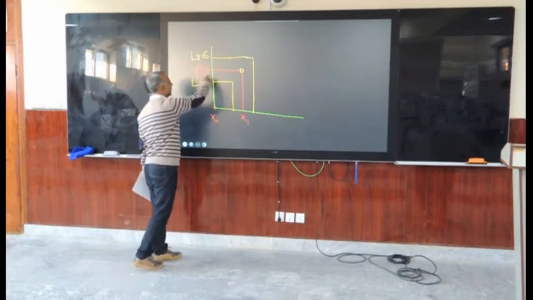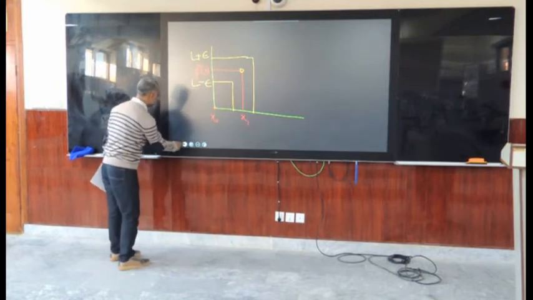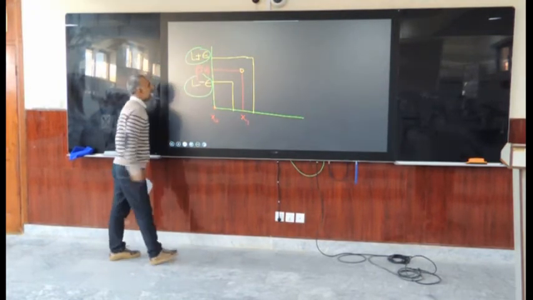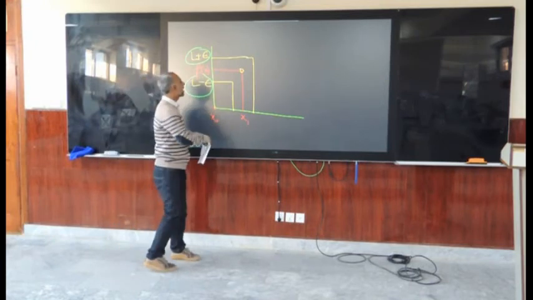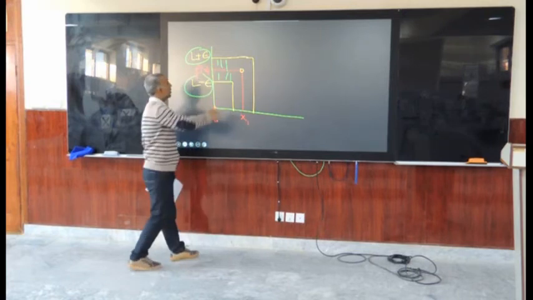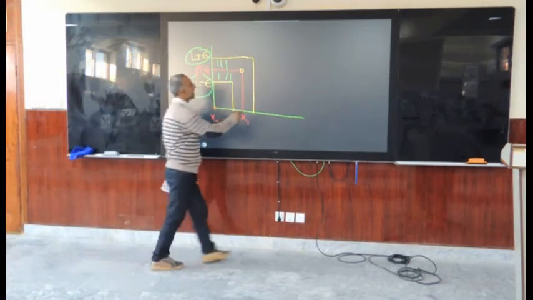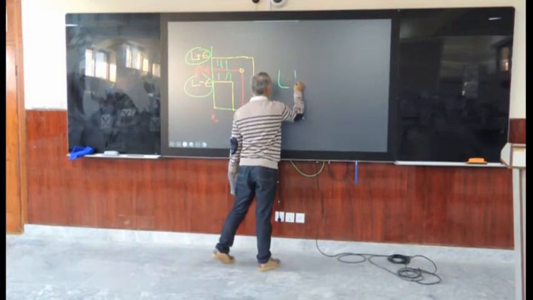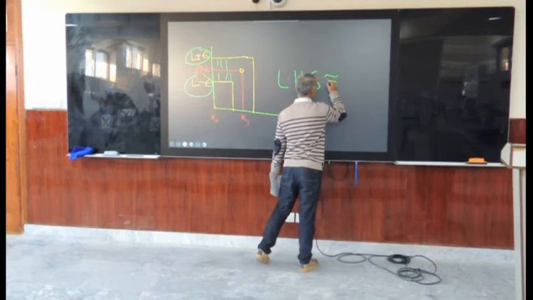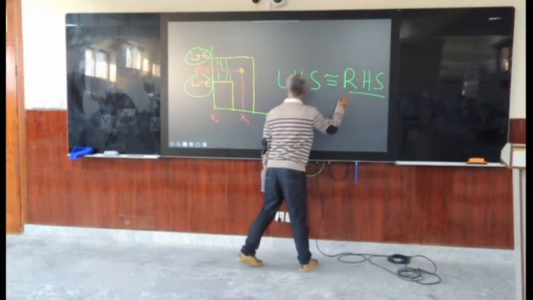So this function is confined by the lower bound of the limit. This is the lower bound and this is the upper bound, and the stability is this: the gap between the upper and lower should be almost near to one another, or we can say the left hand side limit is almost equivalent to the right hand side limit.